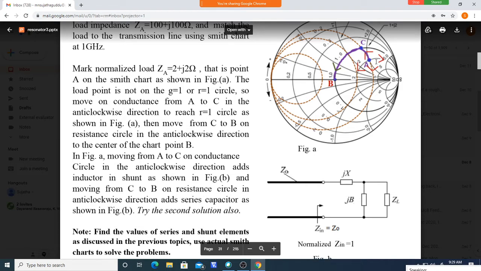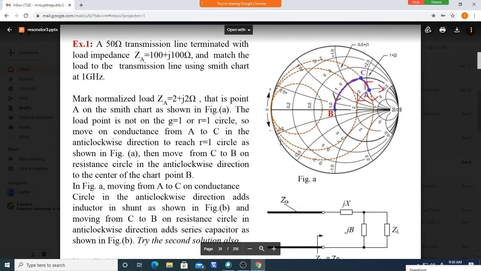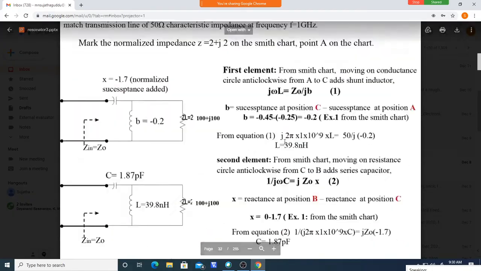But the thing is, starting from your given point, you move on a resistance circle or conductance circle, and you should reach the r equal to one circle or the g equal to one circle. That is not possible here if you move on the resistance circle. That's why we did not take that move. We only took moving on the conductance circle. So you should be careful about that.